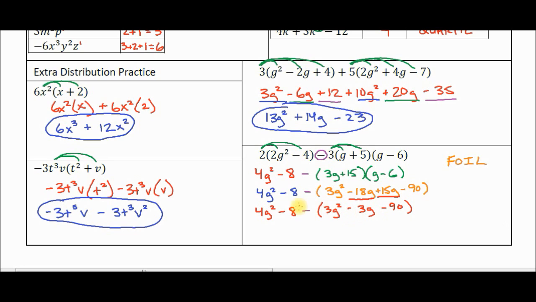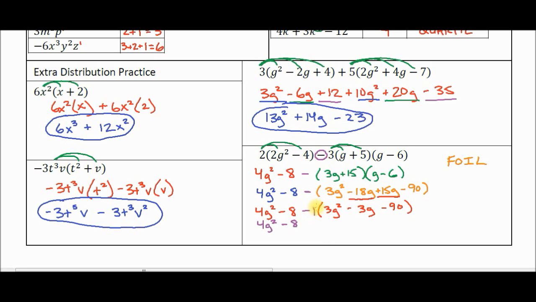So now we're going to deal with this negative sign here. Let's go ahead and do this next step. We've got 4g squared minus 8. And now we have to distribute this minus sign. Remember, class, even though there's no number in front of the parentheses, we can just assume that is the value of 1. This is actually a negative 1. I'm going to write that so you see this.